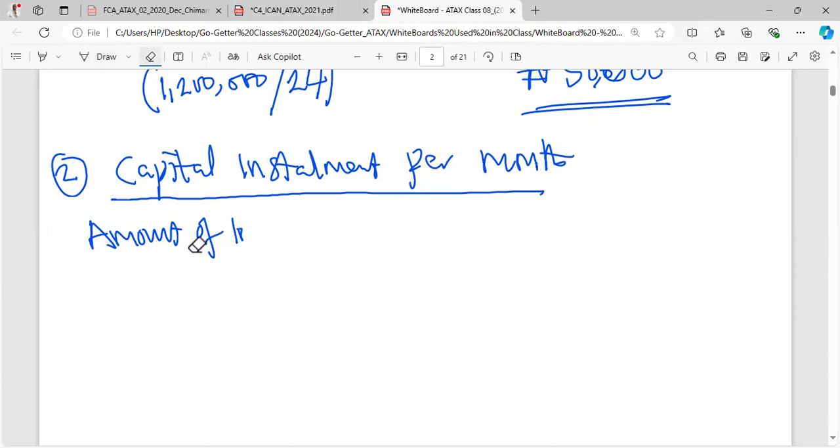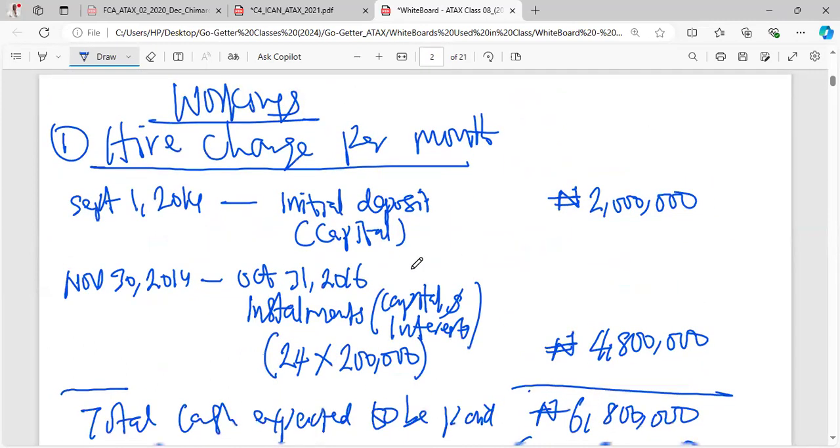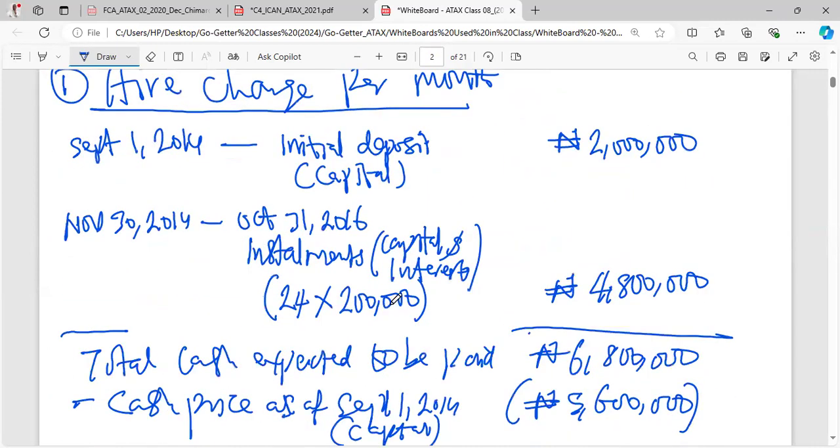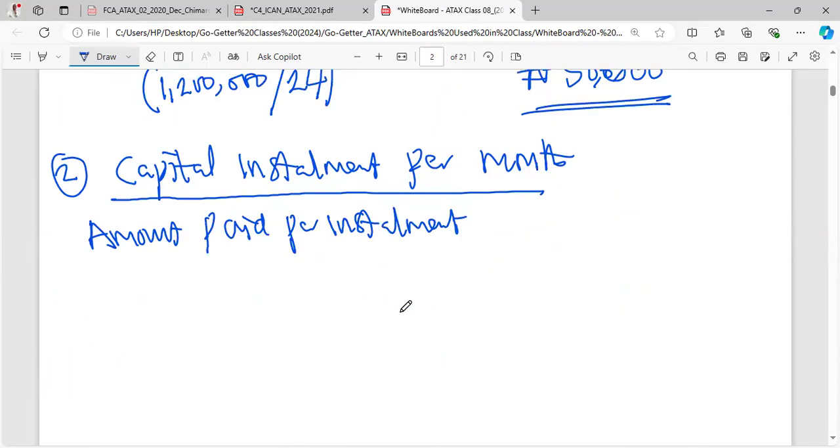So you say amount paid per installment. You were told here that you are paying 200,000 naira for each installment. So you come here and put each installment you make, you pay 200,000.